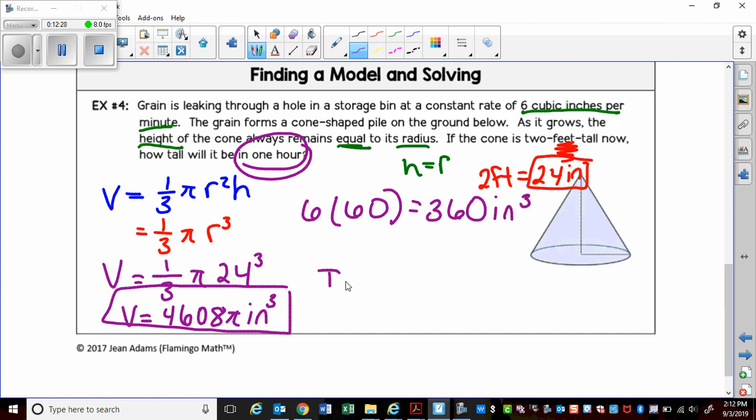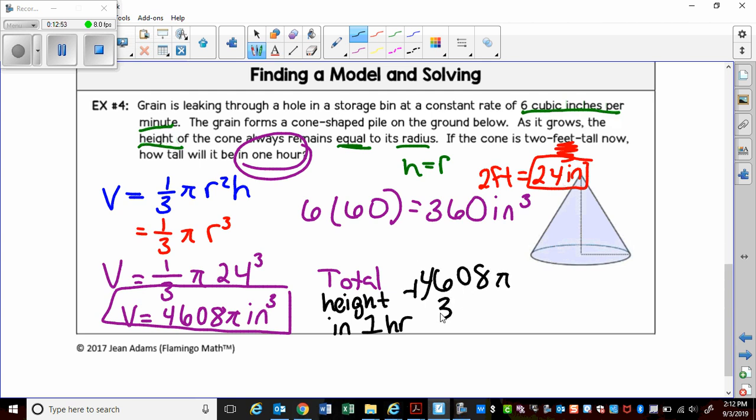So my total, I'm going to use a different color, my total volume in 1 hour is going to be 4608 pi plus 360 inches. They're both in inches now. Something like this.